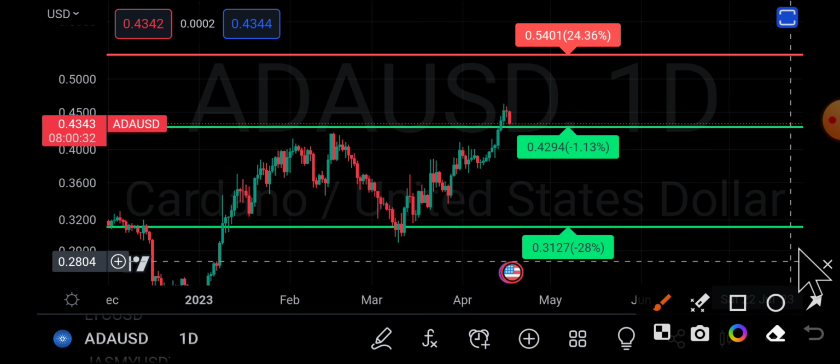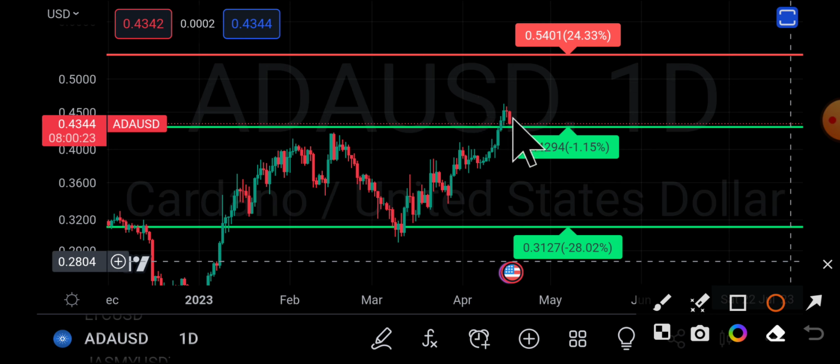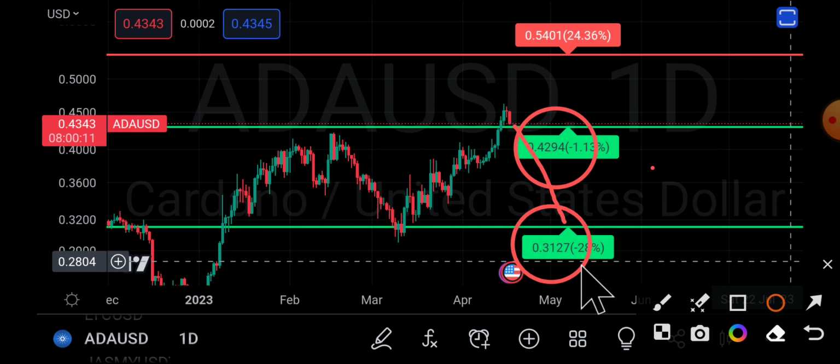If for any reason we break this region right around here, it could be very disastrous. If the 0.4294 region isn't respected, we could see price shift and push to the downside, right down to 0.31, which is a 20% dump.